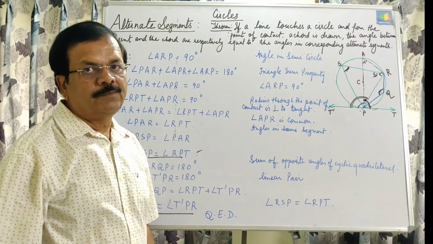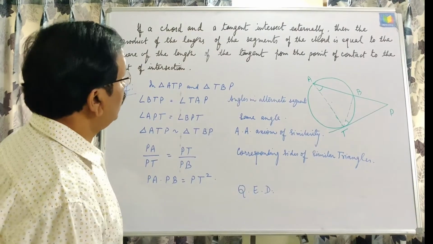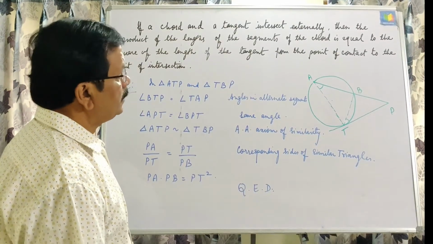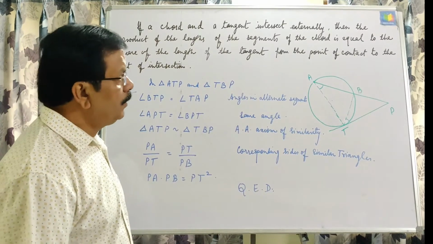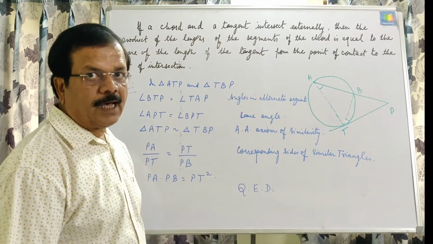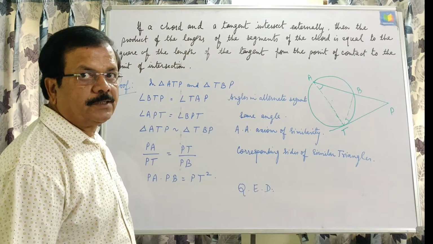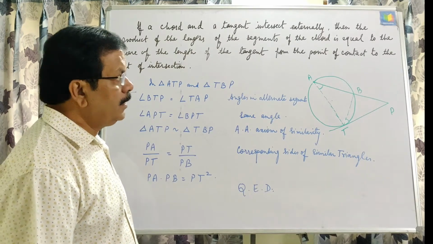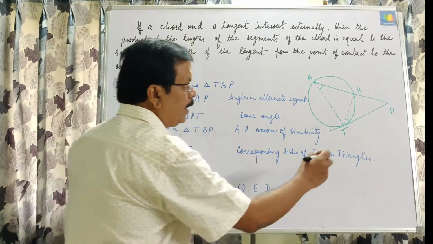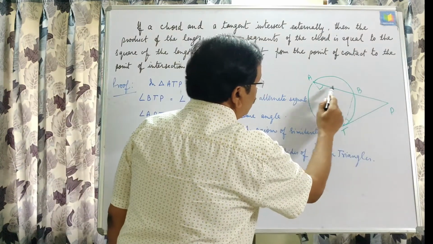Now the next theorem: if a chord and a tangent intersect externally. We already studied in the last video the tangent and secant properties of a circle, how any point P divides the chord.